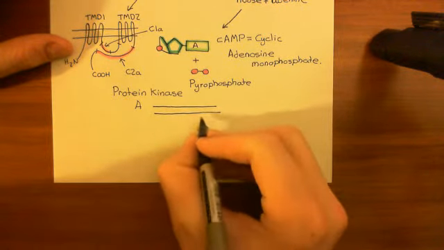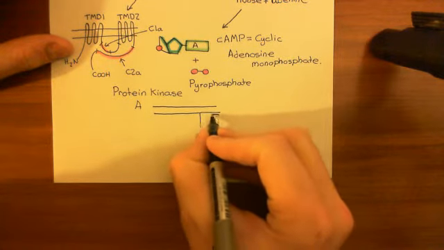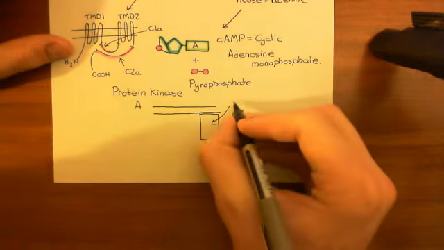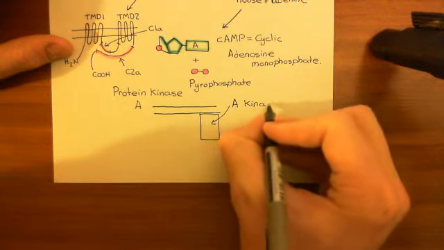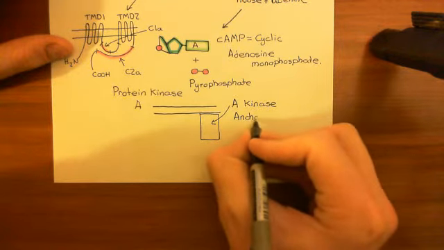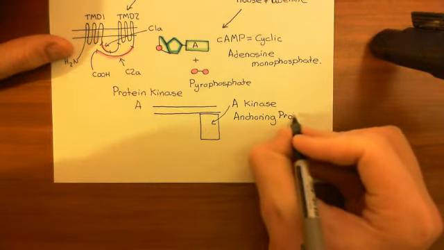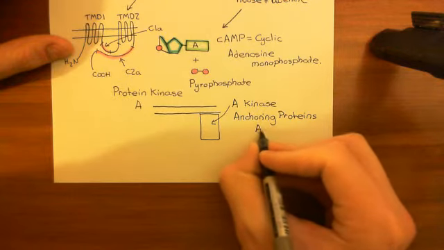Okay, so if this is the plasma membrane, there are special proteins here which are bound to the plasma membrane, known as A kinase anchoring proteins. For short, A kinase anchoring proteins are often abbreviated to ACAPs.